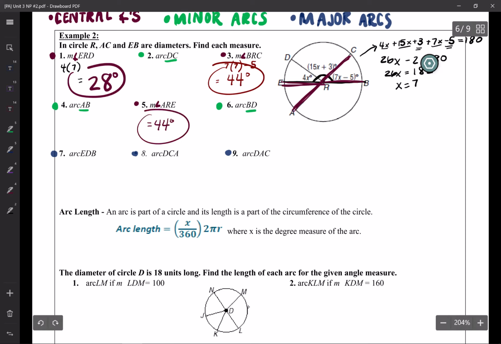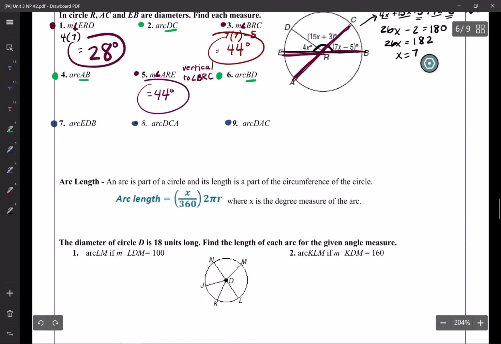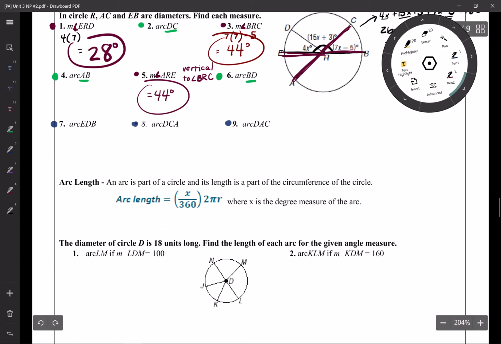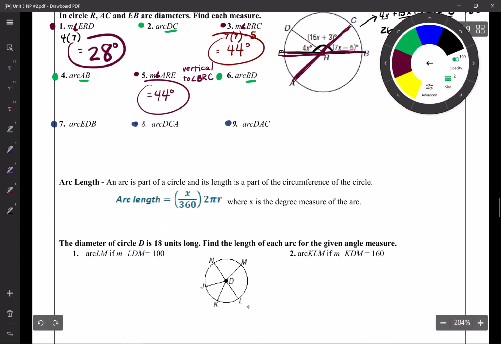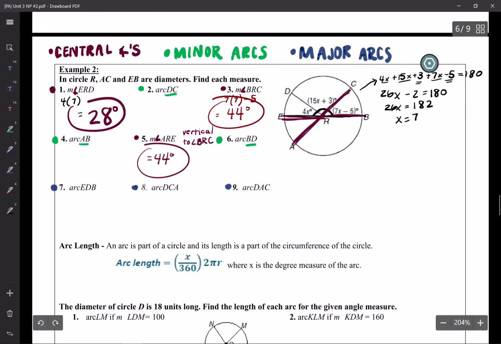And our reasoning for that is because it's vertical to angle BRC. Okay, so those are the measures of our central angles. Now, let me change the color to signify the measures of the minor arcs.